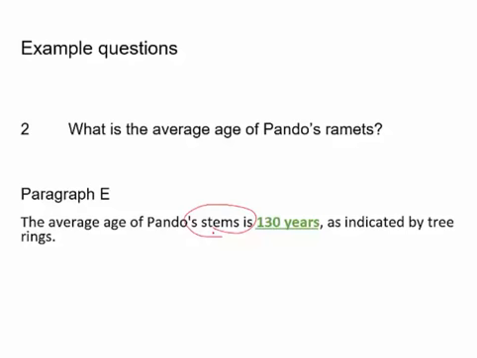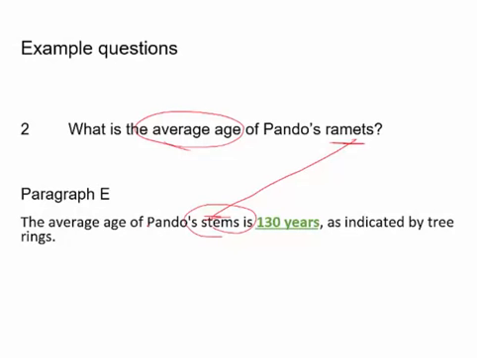To get a correct answer here, your best bet is to write 130 years, since you can write two words, but 130 would also work as well, because we're just looking for the average age of Pando's ramets. So again, a key here is that we recognize what a ramet is and that it relates to this feature on Pando, where it discusses very directly that these stems are on average 130 years old.